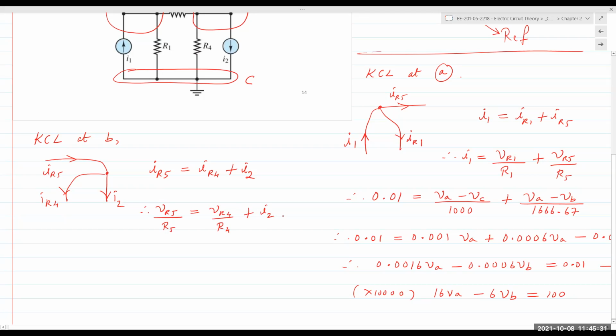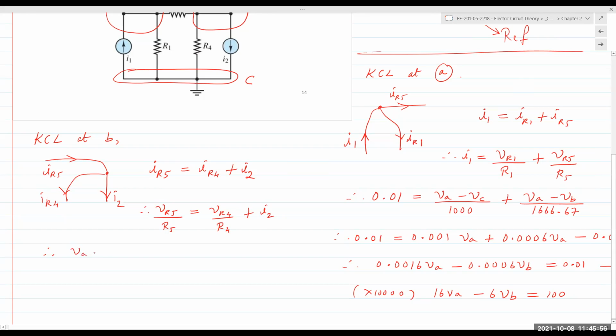Plug in all the known values and replace each resistor voltage in terms of the node voltages.